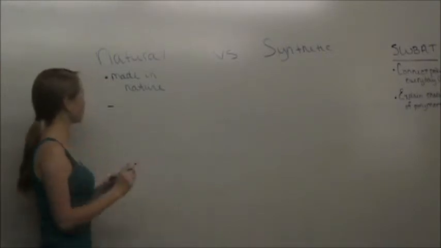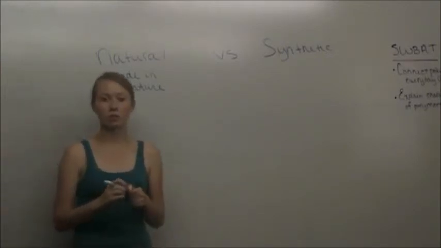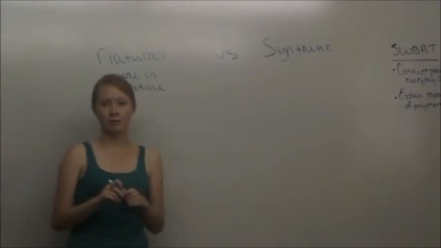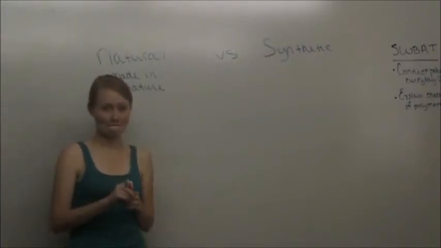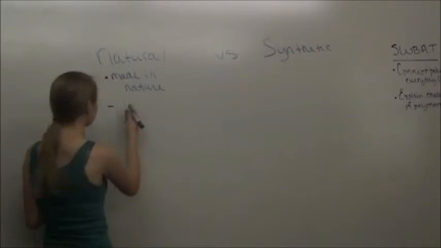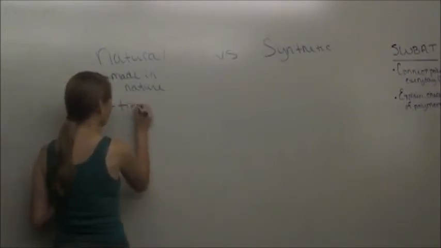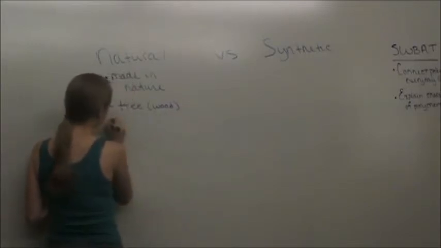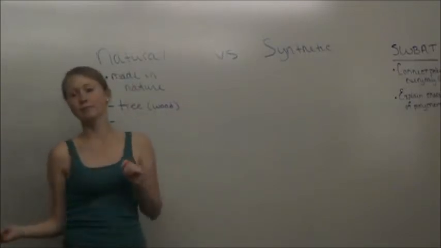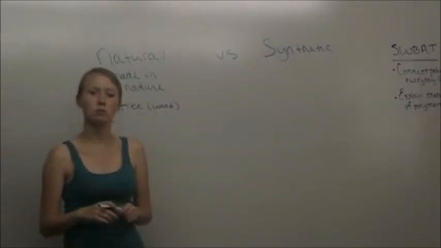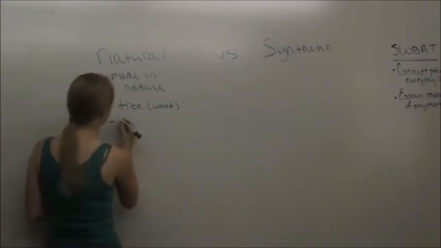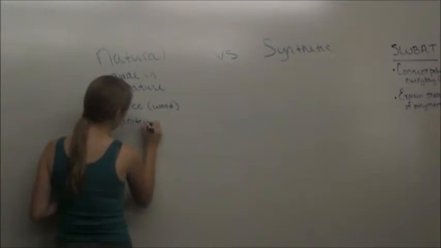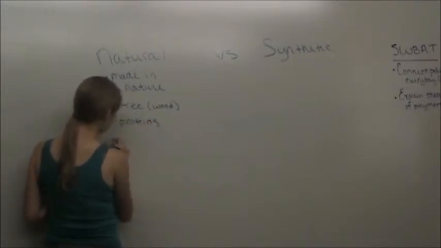So what are some of the examples that we discussed earlier that would be a natural polymer? Trees. Trees, okay. So they're made out of wood, just like our tables. That's another one. Natural. Proteins. One more.